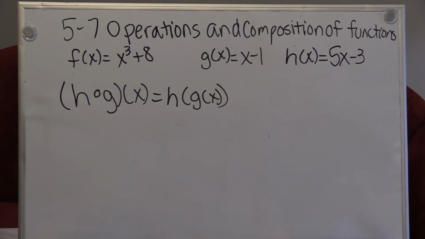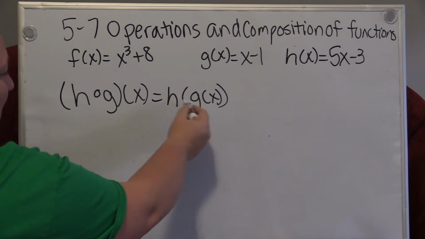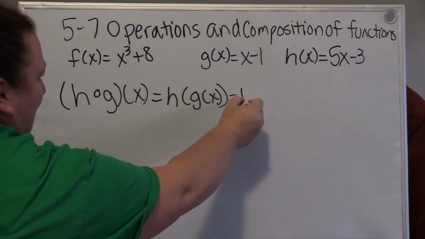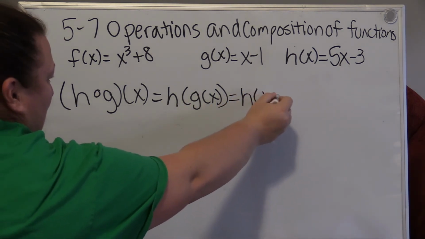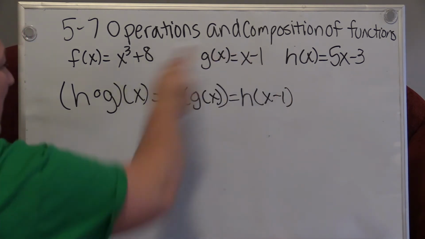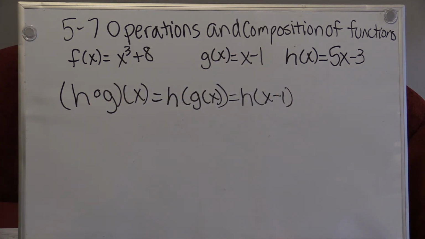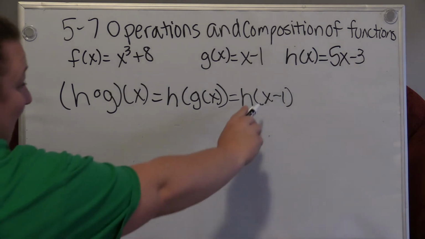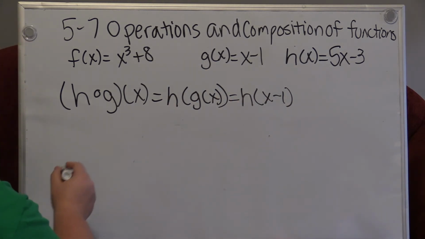I know that sounds super confusing. So instead of keeping it like this, I'm going to say h of x minus 1. Because x minus 1 is indeed what g of x is. So I'm going to go to h, and wherever I see x, I'm going to put x minus 1.